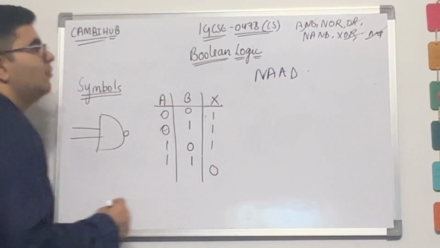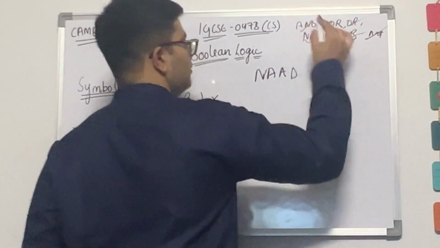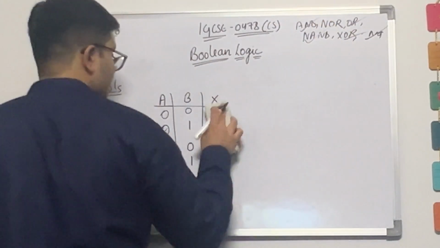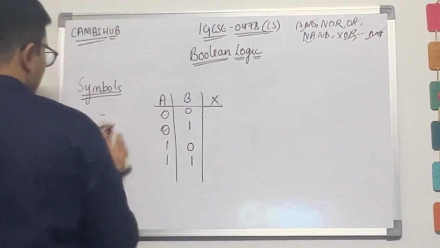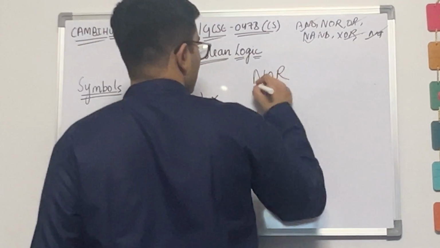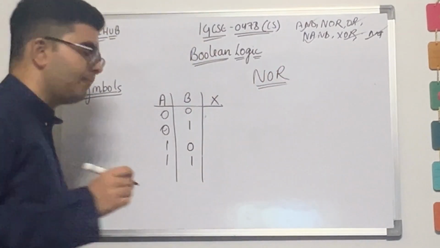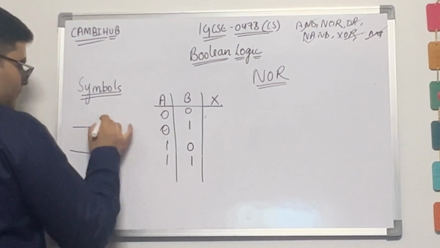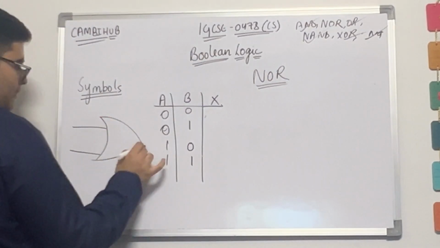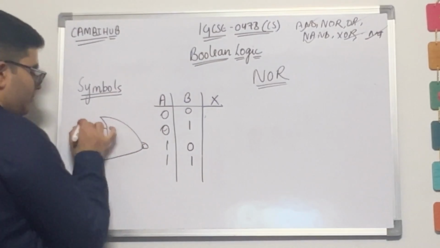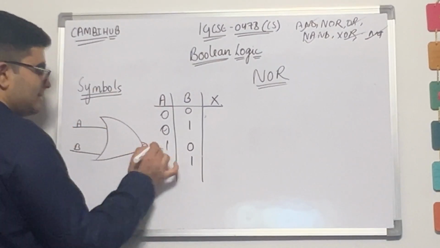Moving on to NOR gate. Let's see how NOR gate works. Right? Let me make the symbol of NOR gate. Again, NOR is NOT of OR. So we'll make OR gate. We make a circle in front of it. So we have input A, input B, and output X, right?